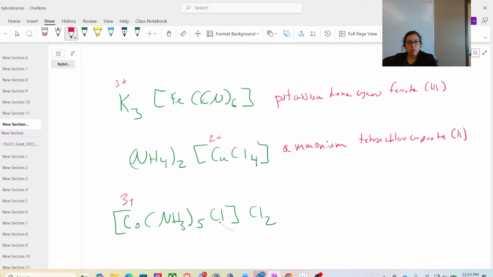Balancing out those 2 chlorines. And anybody want to give the name? That sounds good. So pentaammine, and then you said chloro, right? Chlorocobalt 3 chloride. Excellent. That was a mouthful there.